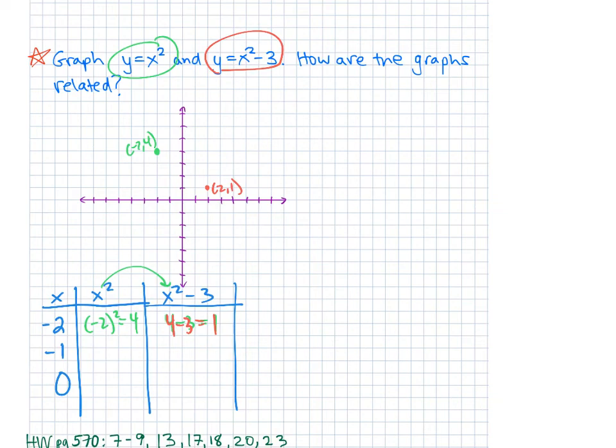Okay, so let's do -1 squared. That's just 1. So in our green, we do -1, 1. And then 0 squared is just 0. So this one's going to be 0. All right, and then we can see here, since these are both of this form, ax squared plus c, in this case c is 0.